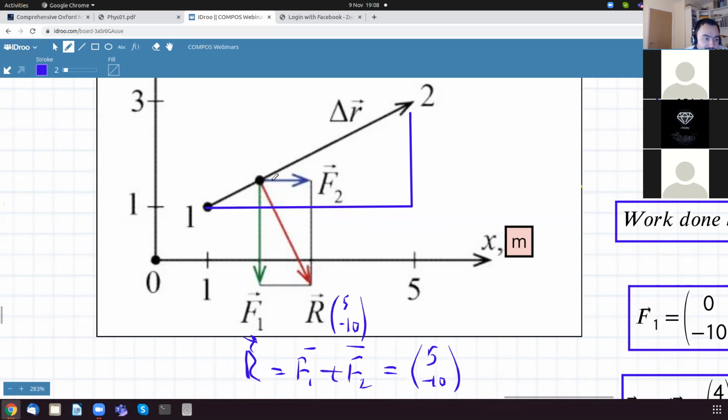So actually they are perpendicular. You can convince yourself that these are perpendicular.